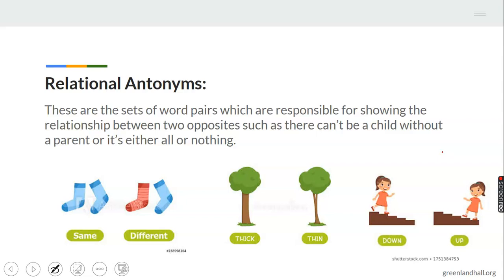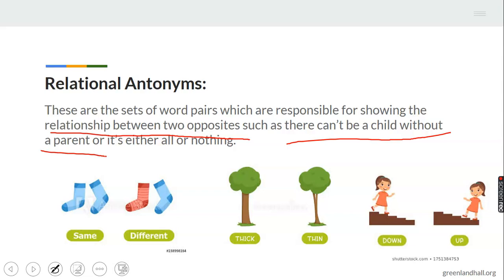Relational antonyms. These are sets of word pairs which are responsible for showing a relationship between the two opposites, such as there can't be a child without a parent. Now, you see there's a relationship between parent and child. Or it's either all or nothing.